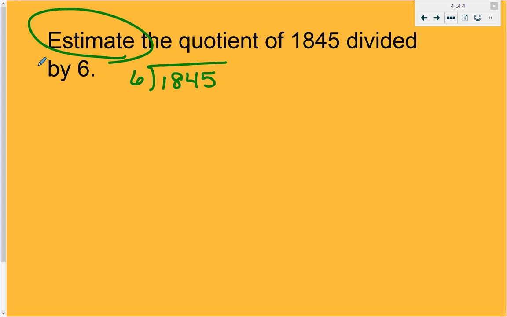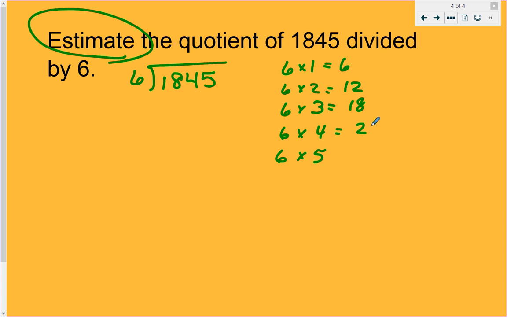When you have a bunch of numbers like this, what I want you to do is just look at those basic facts of the 6. Okay, so let's look at our basic facts of 6. 6 times 1, 6 times 2, 6 times 3, 6 times 4, 6 times 5. I'm going to stop right there for now. All right, 6, 12, 18, 24, 30.